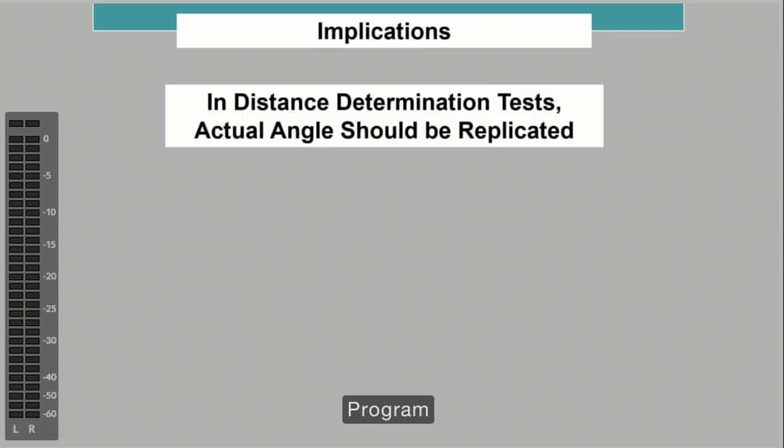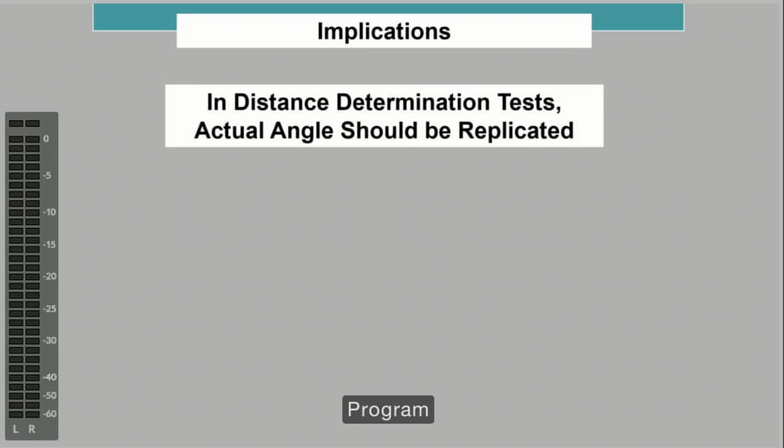Implications. In distance determination tests, actual angles should be replicated. If you know the angle, a proper distance test will incorporate that angle. Using orthogonal testing for distance determination did not come down from the mountain. That's the way it started, but now I think we have to consider the actual dynamics of the incident.